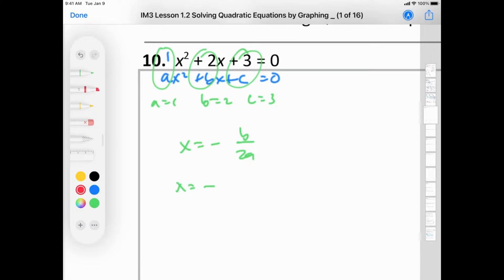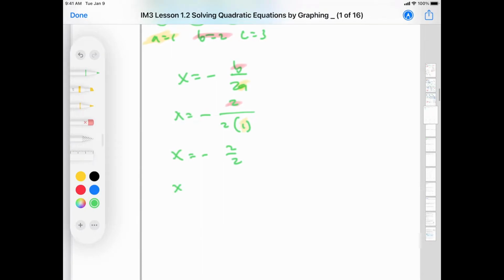My B value is 2. My A value is 1. And you need to write that formula down every time because I know you're going to mess up. So I got 2 over 2, and then I take care of that negative sign at the end, so I get x = -1.